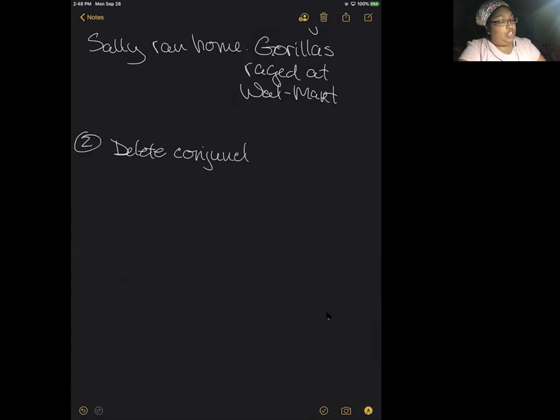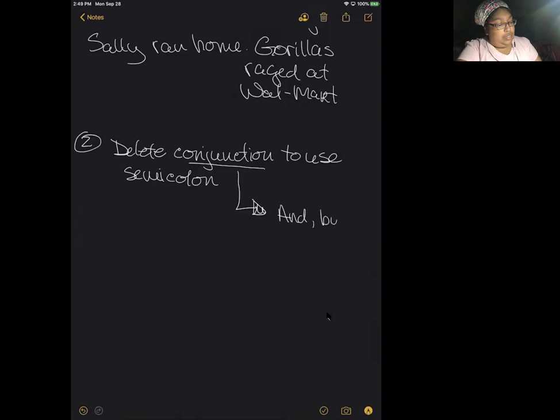You delete the conjunction to use a semicolon. What is a conjunction? If you've ever heard the Conjunction Junction song, and you probably should, because it's kind of awesome, you would know that conjunctions are and, but, or, yet, for, nor, or.